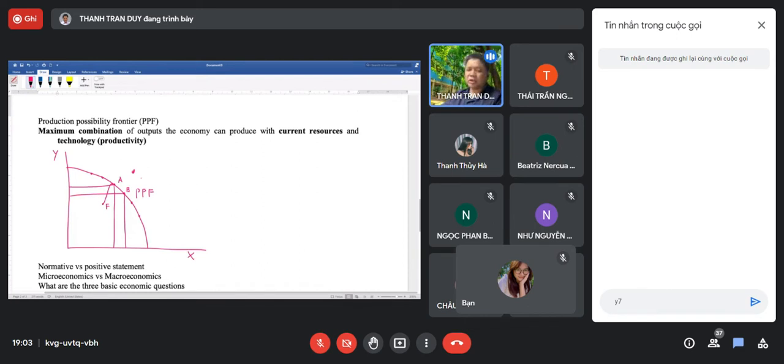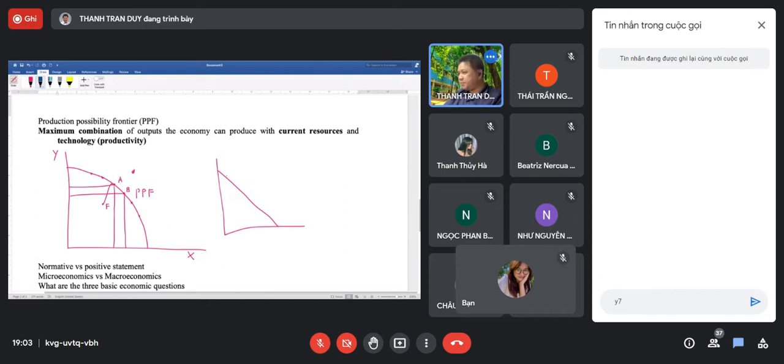Unattainable. Now, if I want to be here, there are two ways. Let's say I have a curve like this. In the exam, I may ask you this way.